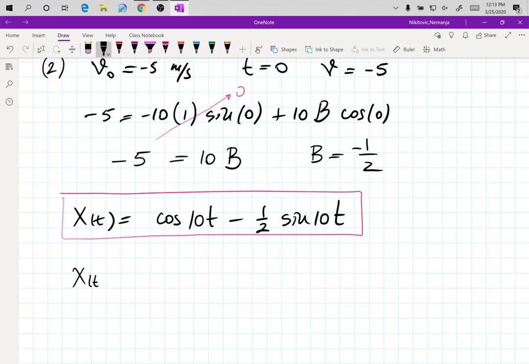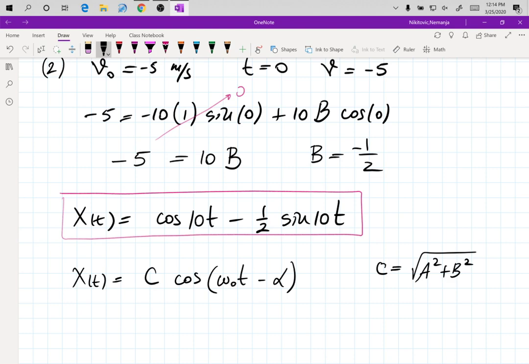We recall that x of t was c cosine of omega 0 t minus, they called it alpha, so I'll keep calling it alpha. C was calculated as the square root of a squared plus b squared. So we are going to compute C by simply writing 1 plus negative 1/2, well, both are squared.